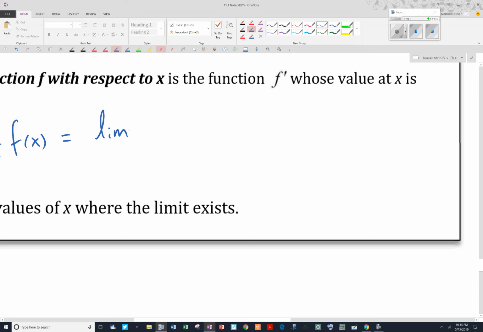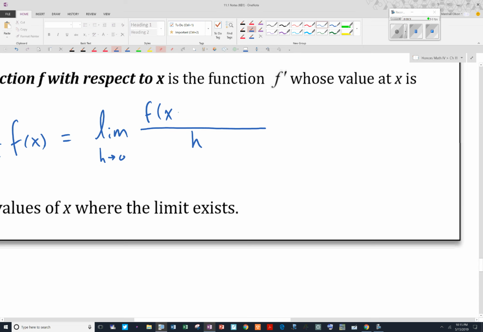So we have the limit as h approaches 0 again. Same idea as before. We're looking for the change in the x values to become 0. The y values now, instead of f of a plus h, we're not putting in a value for a.